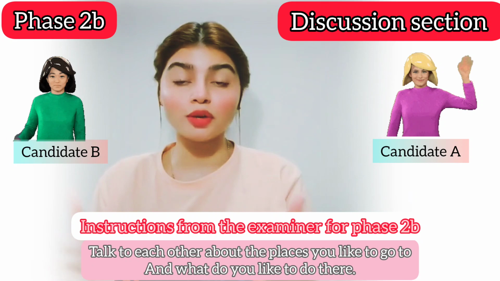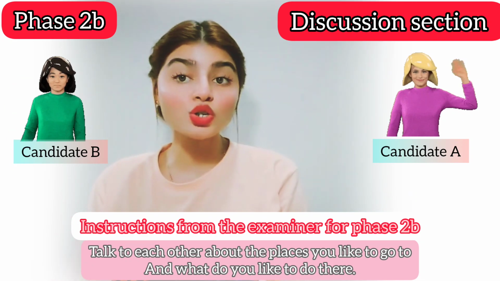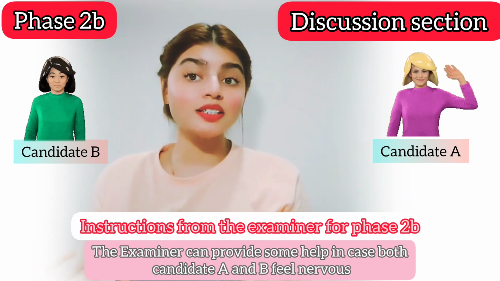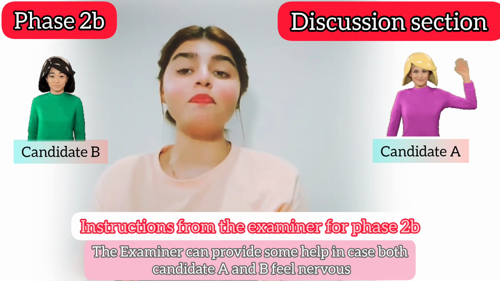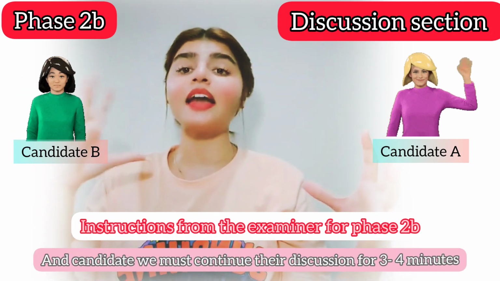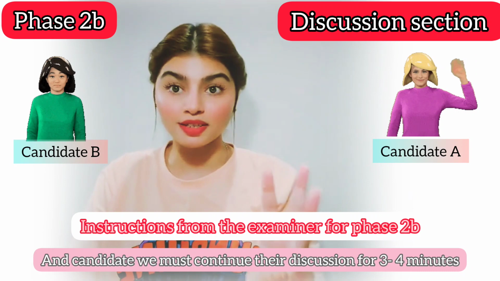Talk to each other about the places you like to go to and what you like to do there. The examiner can provide some help in case candidate A and candidate B both feel very nervous. Candidate A and candidate B must continue their discussion for 3 minutes.